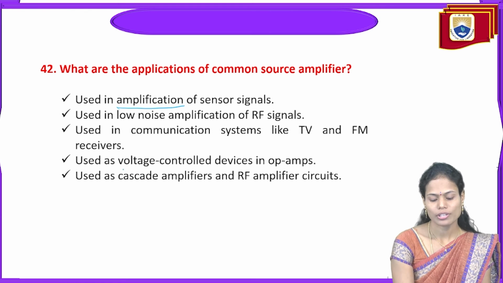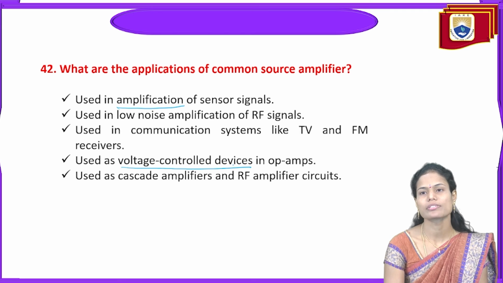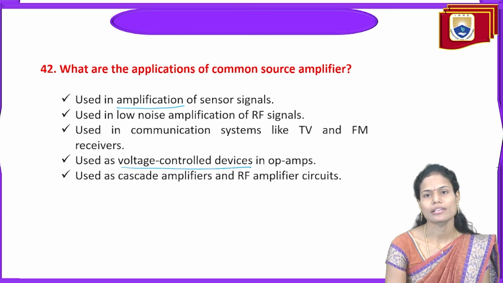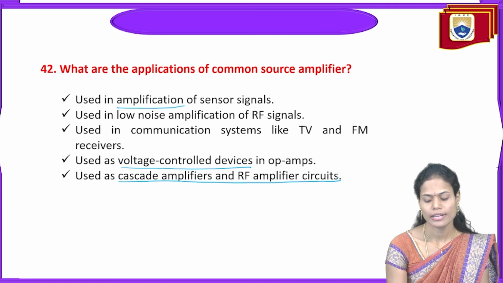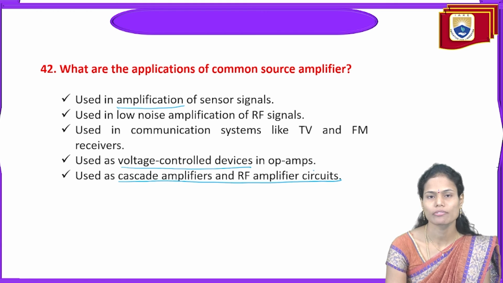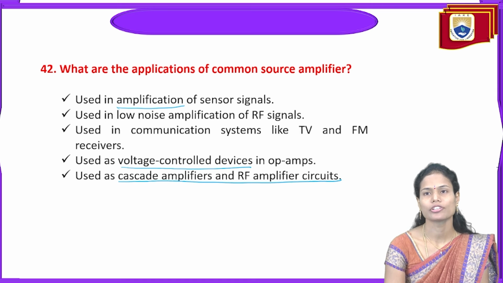We can also utilize it as voltage control devices in operational amplifiers. And in most cases it is used in cascade amplifiers and RF amplifier circuits. For cascading purposes as well as radio frequency amplification circuits, we can utilize this common source amplifier.